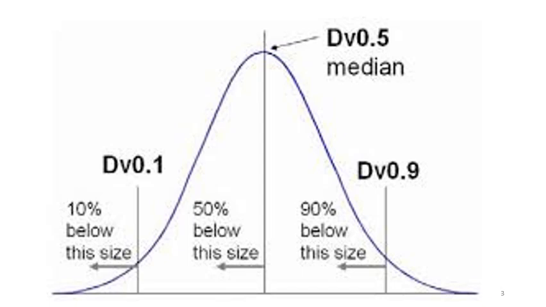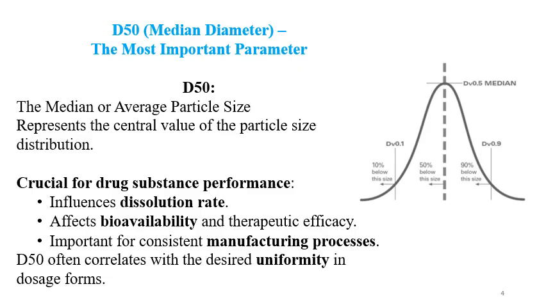That means if you consider D50 as 100 micron, then 50% of the particles have a particle size below 100 micron and 50% have a particle size above 100 micron. D90 means the particle size below which 90% of the particles will fall, and D100 means the largest particle size.